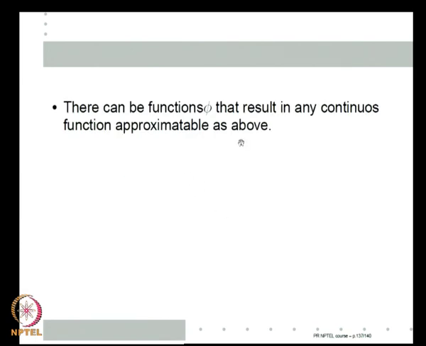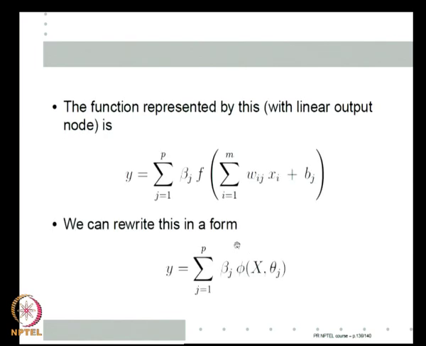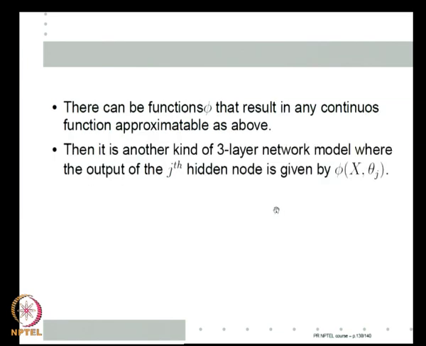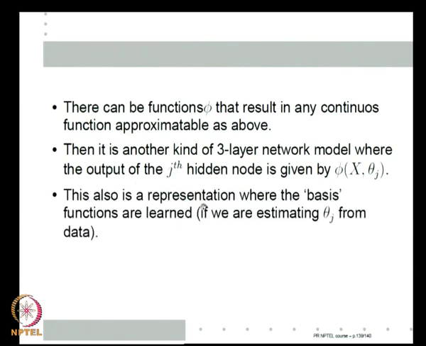So, there can be functions phi that result in continuous function approximation. There can be ways of representing any continuous function like this also, because this is also sum of beta j phi j of x, but where I have tunable parameters here. So, it is not a fixed basis of expansion. This is also a representation where the basis functions are learnt, if you are learning theta j.